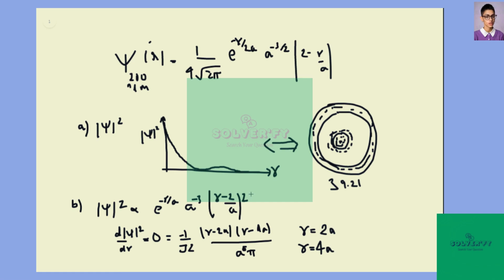Now, what we need to search is, since the derivative is equal to 0, this only shows that there are two points at which the slope is equal to 0. So one is r is equal to 2a, and then we have another point which is r is equal to 4a. As you can see, 2a corresponds to the minima, and this is a point of maxima.